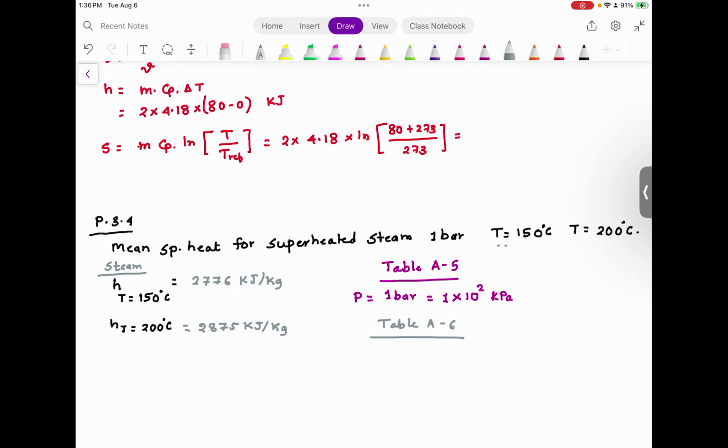Once you identify that point, the enthalpy value will be written right next to it. Take some practice, but I want you to do this exercise. First, track where the temperature 150 degrees C is. Look at that horizontal line and see where it intersects with 1 bar of pressure.